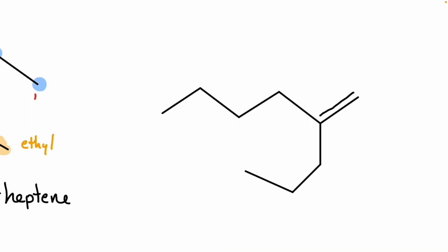If I'm looking for my longest continuous set of carbons in this molecule, it would be these ones here. The problem is that this excludes that double bond. And so again, now that we have a functional group in our molecule, we're going to pick the longest continuous set of carbons that contains that functional group. So we got a little bit of a caveat to add on there.